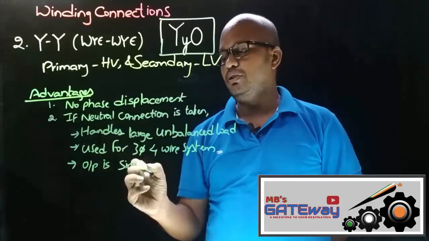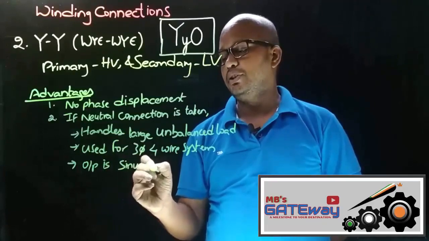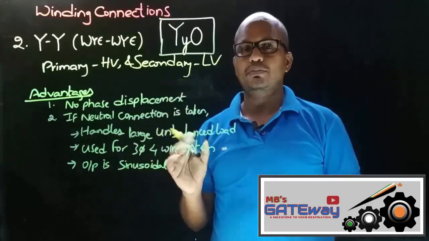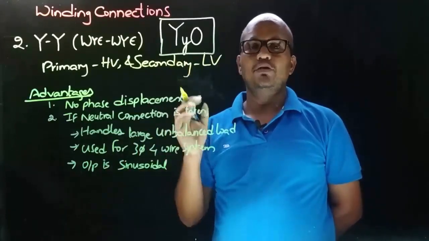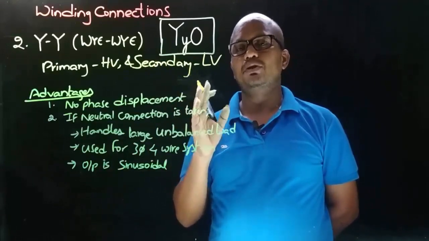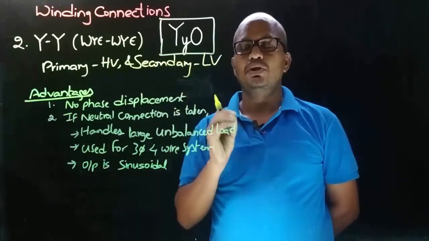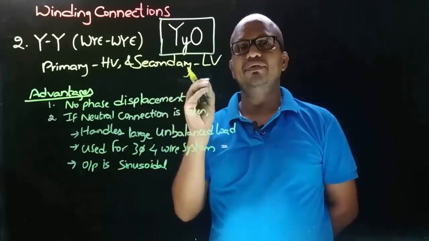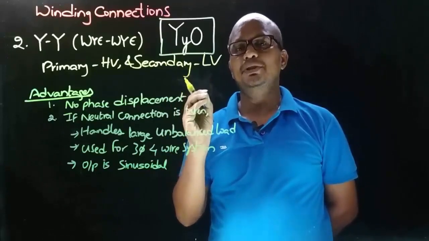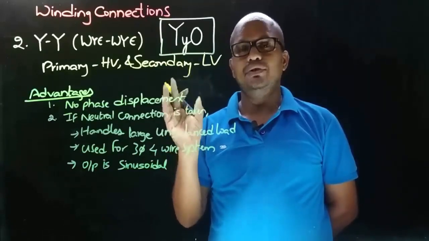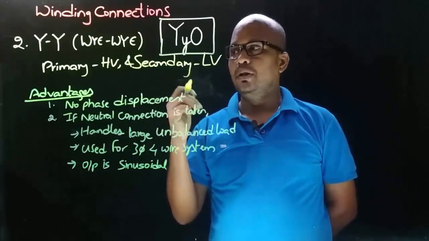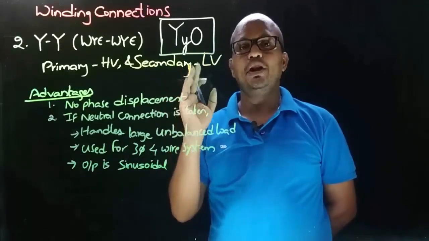And with neutral connection, output is sinusoidal. Output is sinusoidal means we know that in phases there will be triple harmonics, because of which we are getting non-sinusoidal output. So to get sinusoidal output in phases, the triple harmonics must be reduced to 0. So how can we reduce the triple harmonics to 0? Means by providing a path to those triple harmonics.